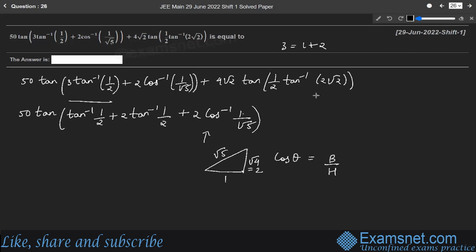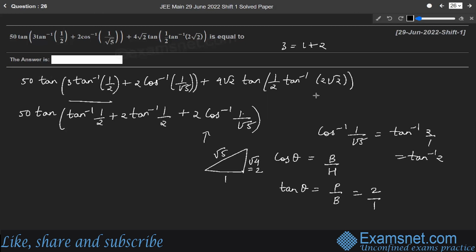Now we have to convert it into tan inverse. We know that tan theta is always equal to perpendicular upon base. So here the perpendicular is 2 and the base is 1. So we can say that cos inverse 1/√5 will be equal to tan inverse 2/1, and tan inverse 2/1 is tan inverse 2.